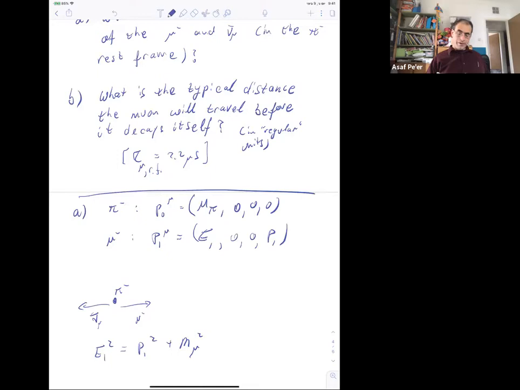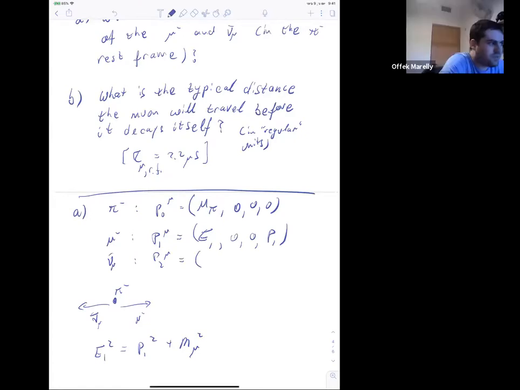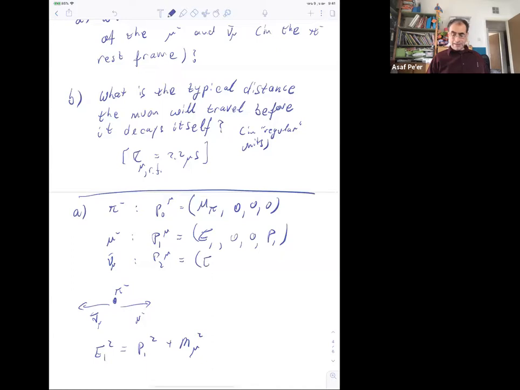What will be the four-momentum of the neutrino? The same thing with minus. Very good. So it has a different energy, because it's in the center of mass.